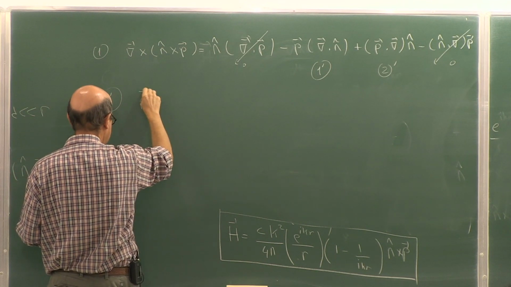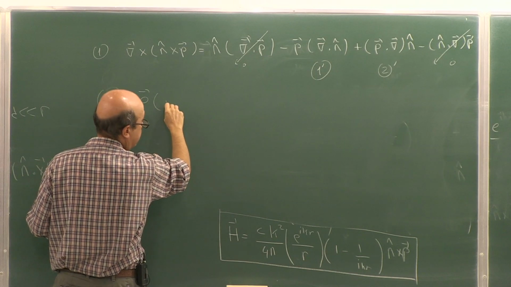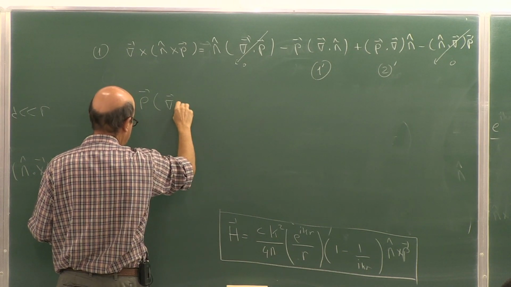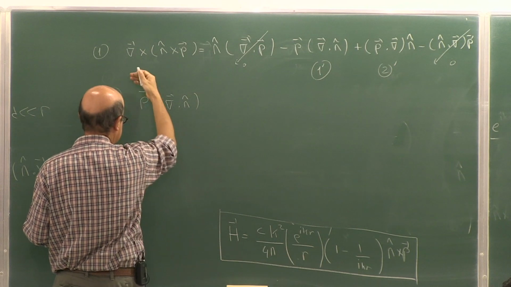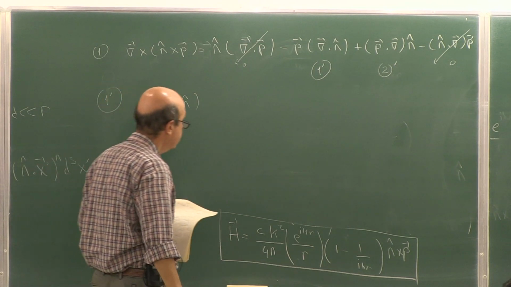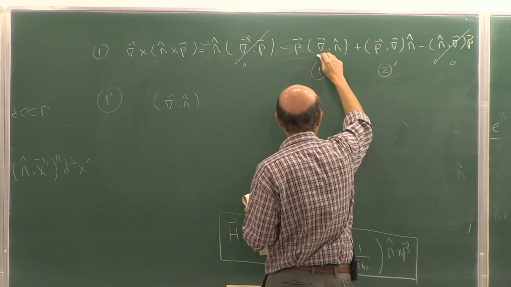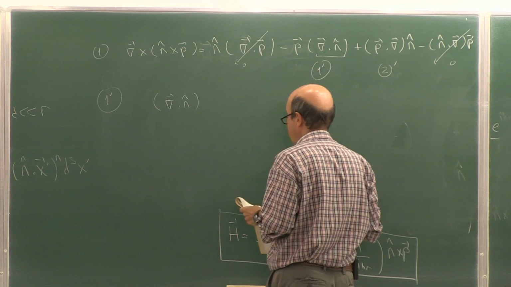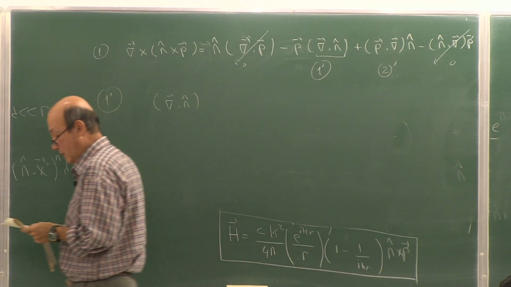P times the divergence of n. So let me keep it in that form. Let me calculate the divergence of n first, then I can multiply by p.